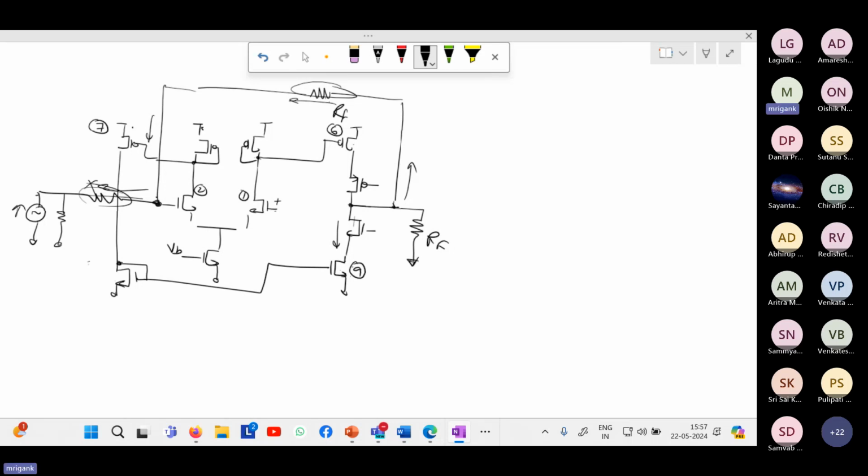Likewise, for this terminal, if you have to get the loading effect of the R at the input terminal, once again, looking at the input from this side, you are seeing the other side is shunted. So here also you will have to put the RF like this. So there are certain basic steps for opening the loop and considering the loading effect. If you have not studied that, don't worry right now. But ultimately this is shunt feedback.